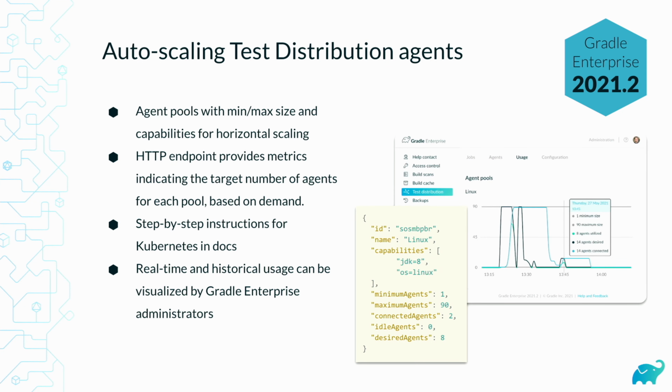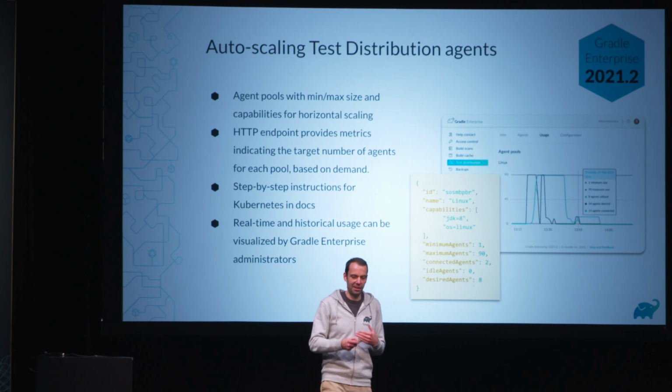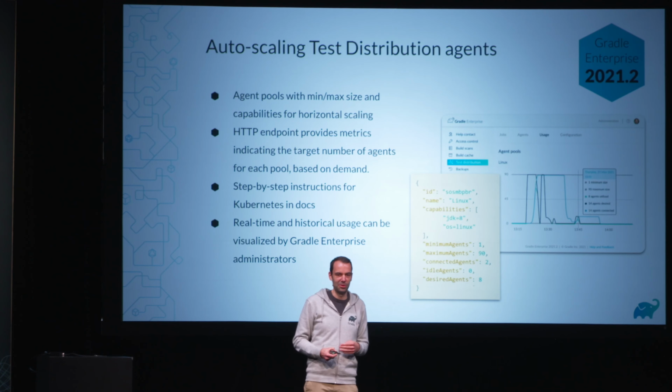And it provides an endpoint that returns a JSON response that looks like this, and it includes the number of desired agents based on the current demand. So you could use that for scaling. And since one of the preferred deployment mechanisms that we advocate for is Kubernetes, we also have step-by-step instructions for setting this up.